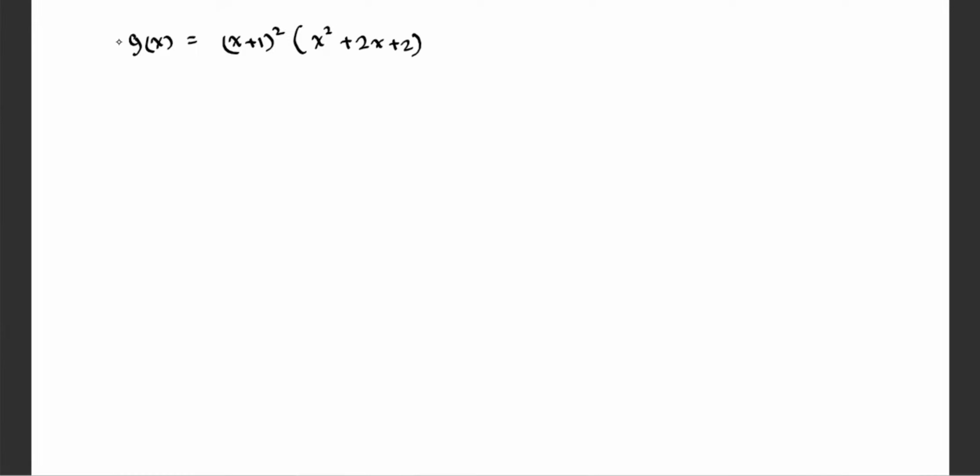In order for gx to be positive, either both factors are positive, or both are negative. But we know that x plus 1 squared, since this is a square, is always positive, which means for gx to be positive, this part must be positive. All we have to do is prove that this is positive. How to do this?